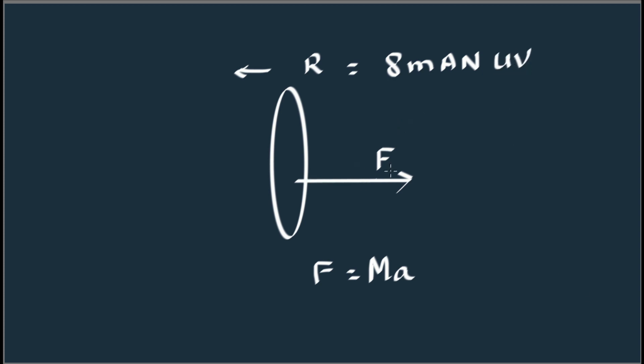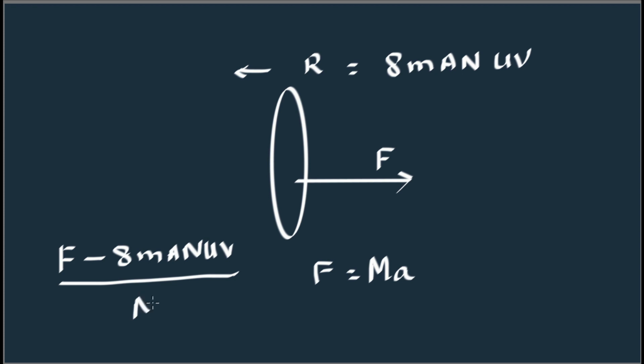So as the speed picks up, the resisting force increases. So at any instant of time, the net force to the right is F minus 8m a n uv, divided by the mass of the disk, is equal to the acceleration of the disk.